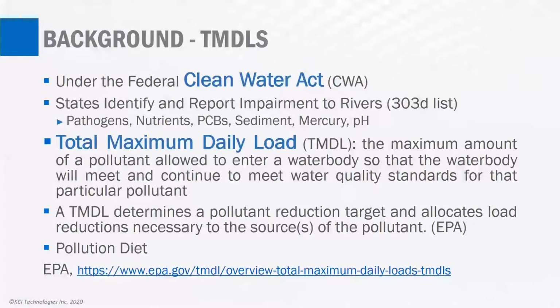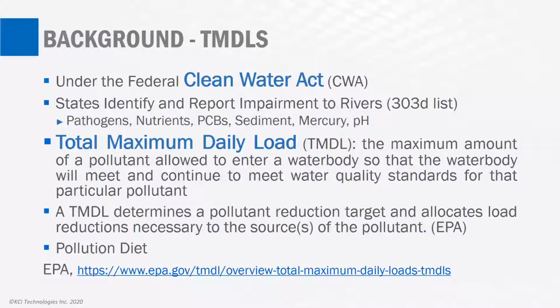So let's talk briefly about the regulatory drivers and define some acronyms. The Federal Clean Water Act was established in 1972 and requires that states identify and report impairments to rivers. This is also called the 303(d) list. Impairments can be things like pathogens, nutrients, metals, PCBs.